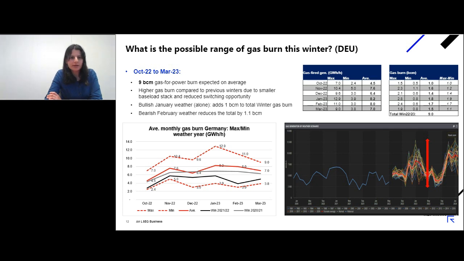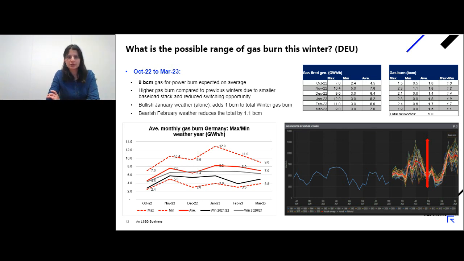That is one thing that we already saw previously, and what we see here is basically the monthly possible maximum and possible minimum gas burn in each of the winter months. So, for example, in January, and now we can also convert this directly into BCM of gas demand, which in our forecast is around 9 BCM.